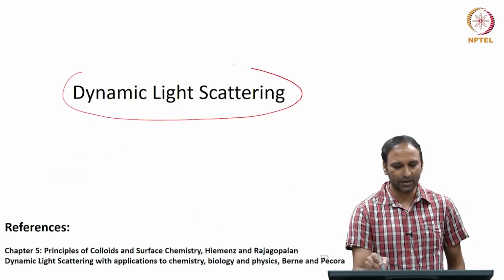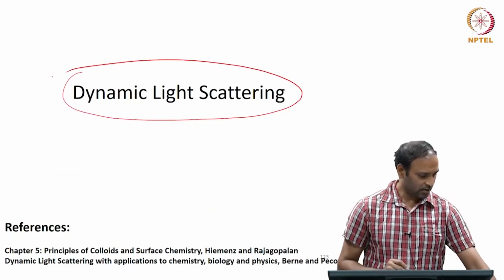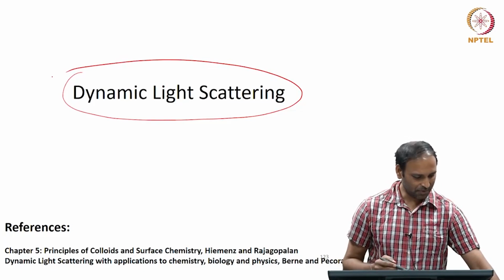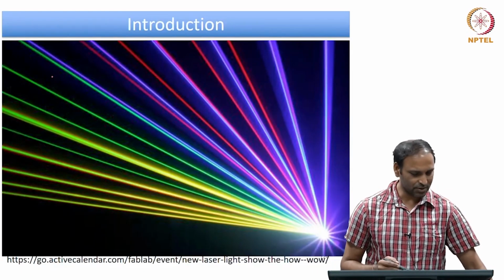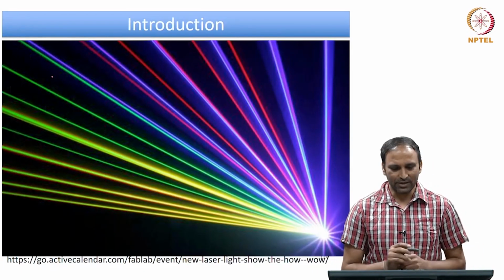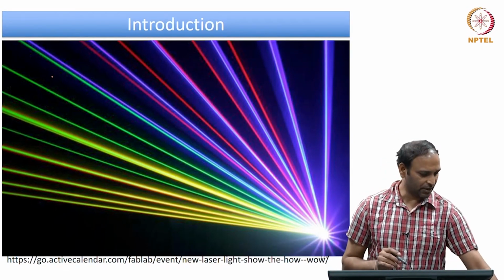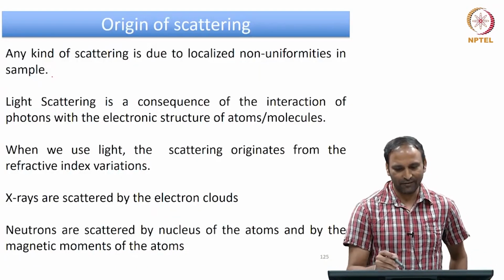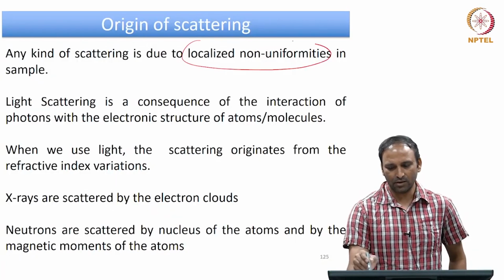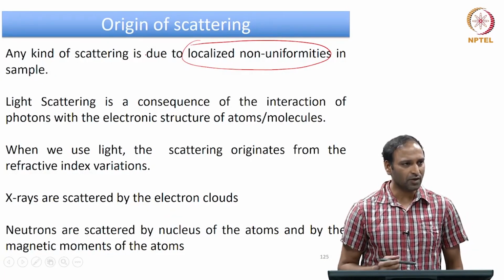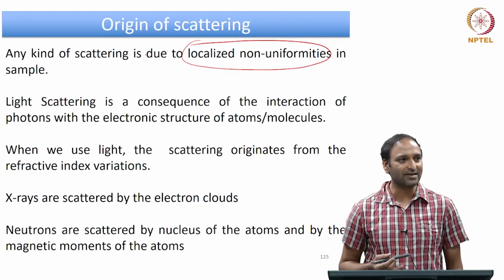So, I just want to clarify a few things. I had mentioned that the scattering of light typically comes about if you have any localized non uniformities or heterogeneities in the sample.